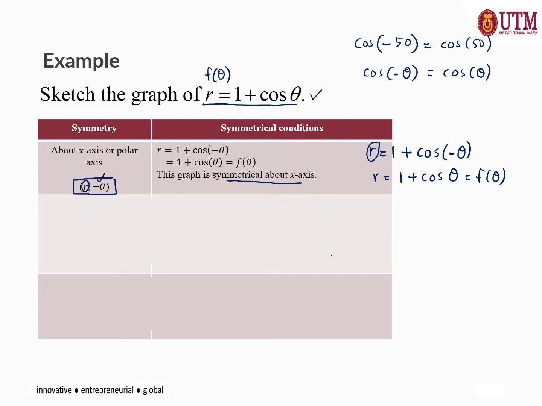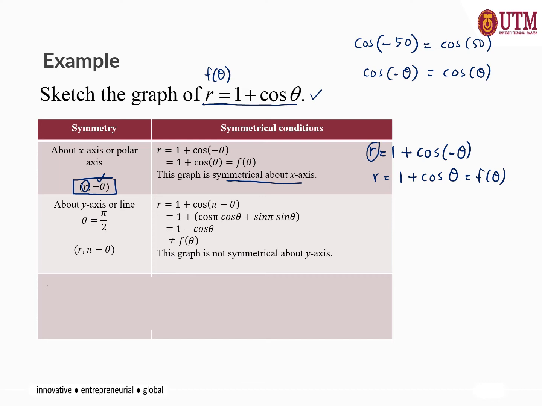Okay, next is to check the symmetrical condition about the y-axis or the line theta equals pi over 2. For this symmetry about the y-axis, we use r, pi minus theta. So here we substitute r equals 1 plus cos, where our theta is pi minus theta.